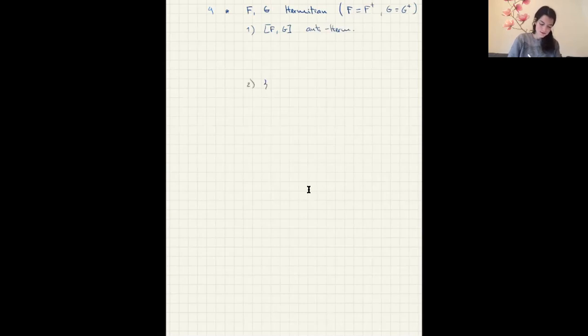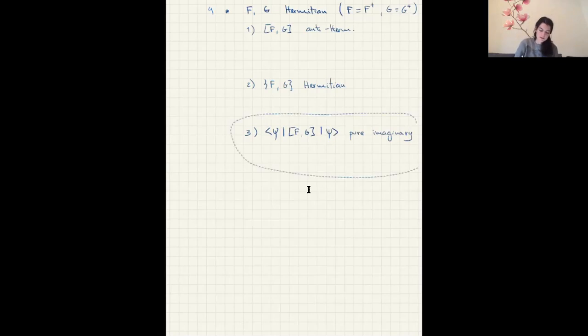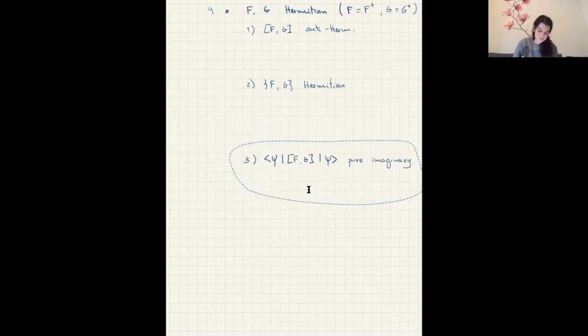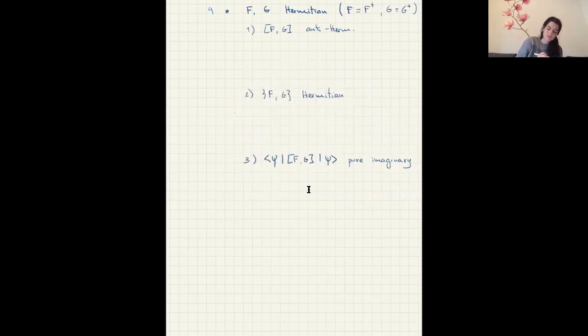Two, the anti-commutator is Hermitian. And three, whenever I take the expectation value of the commutator, this is always a pure imaginary number. We're going to show all these things, and they are rather straightforward to show. These are all ingredients that we need for later.